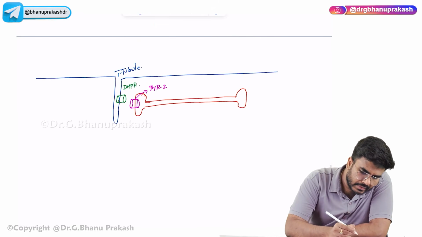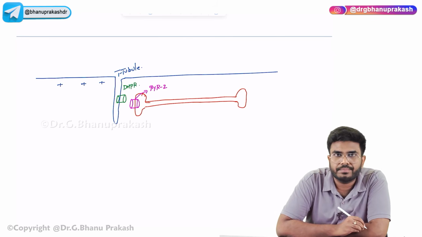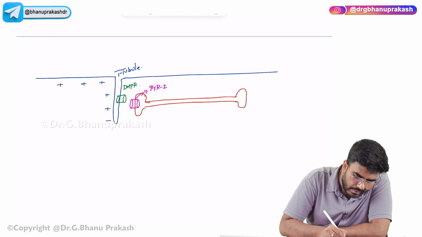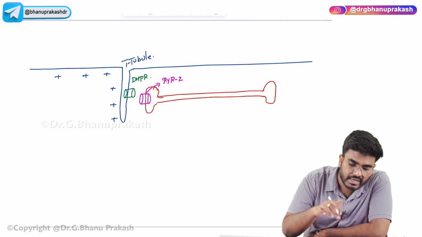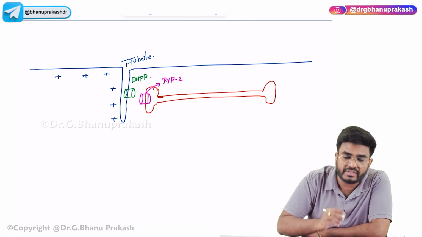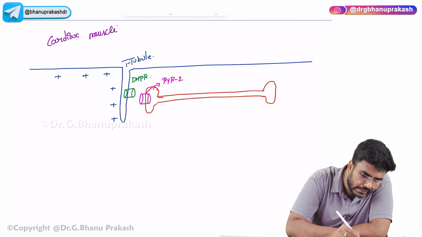Now see, when the muscle is depolarized. Previously I explained in the skeletal muscle that the DHPR channel opens the RYR channel. But in cardiac muscle, what is different?